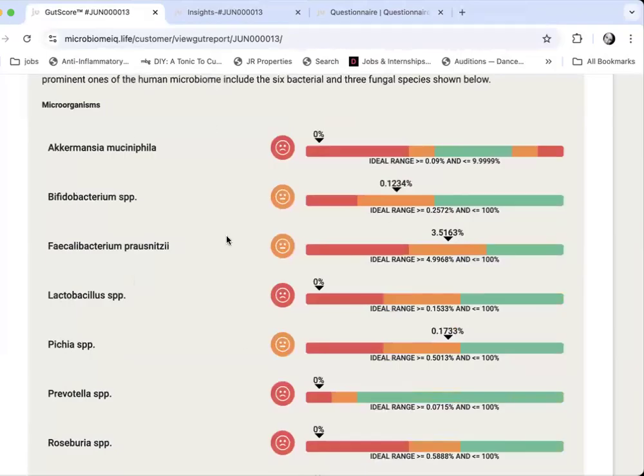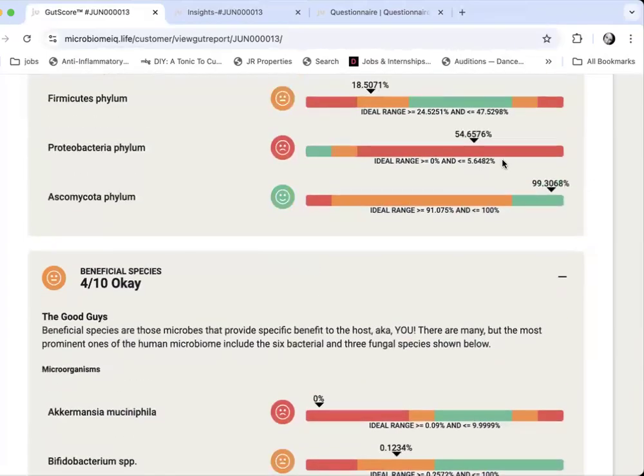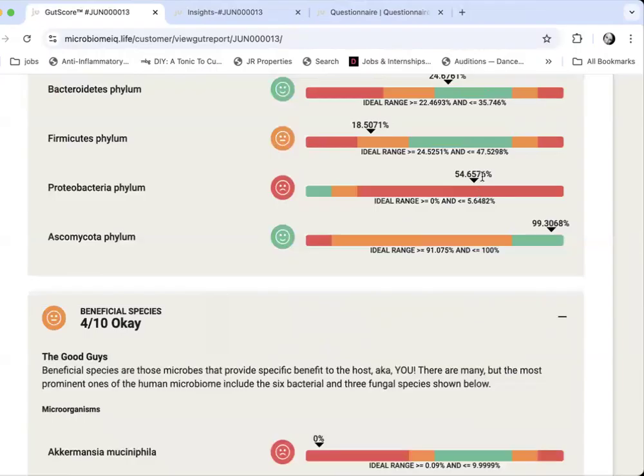And once we get these into proper levels, it may help reduce some of this proteobacteria. And we do know that through other mechanisms, fermented and probiotic foods can help reduce inflammation in general too. So that would be an example of how I can make this more personalized for an acne patient.